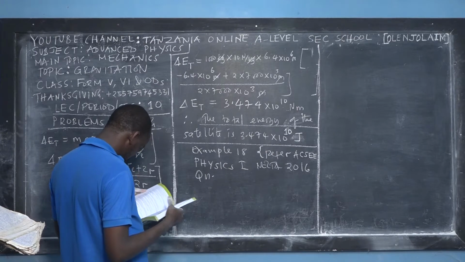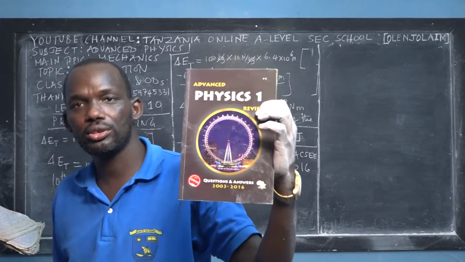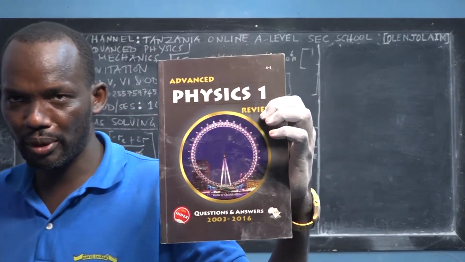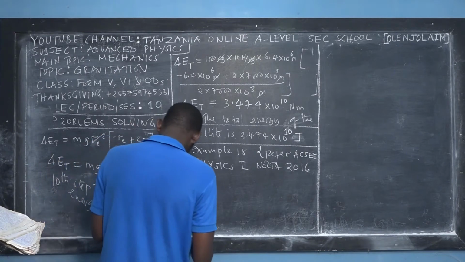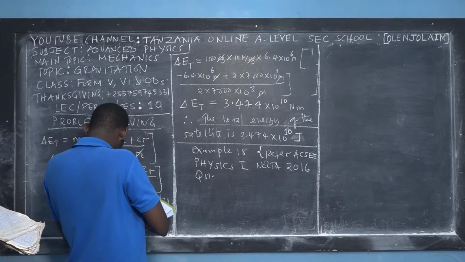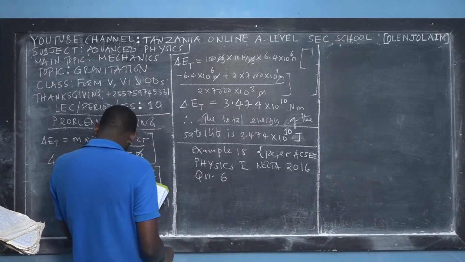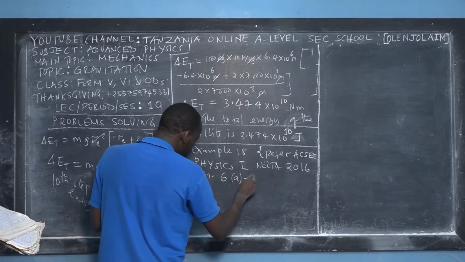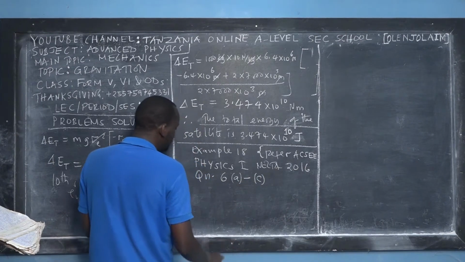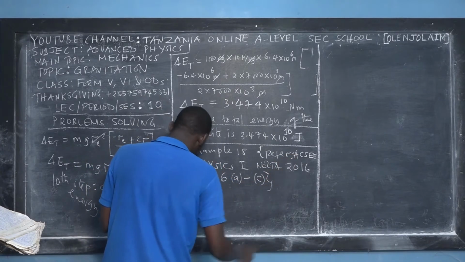It is a very good reference book. So make sure that you have this review book in order to solve many problems of gravitational mechanics. In this year, they asked the question of gravitational mechanics as question number 6, and it has three parts, Roman A, Roman B and Roman C.